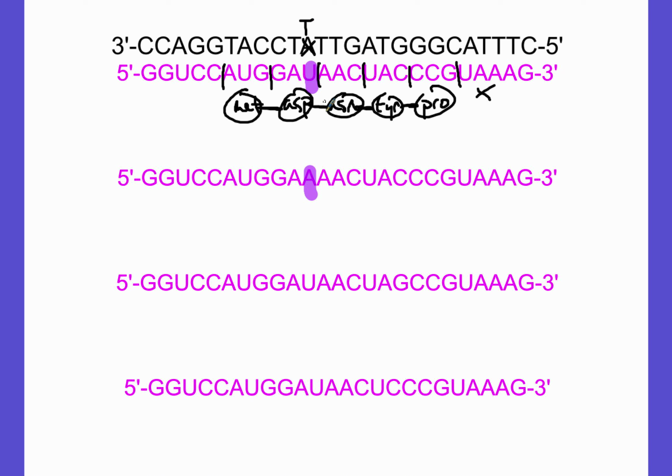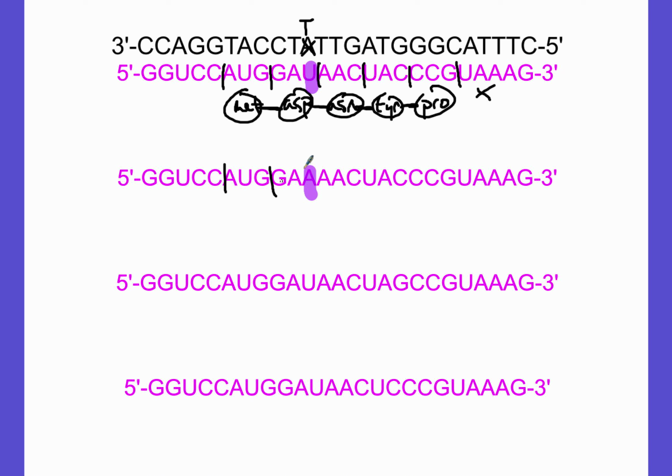It must have been a T. So some damage happened and that base was replaced with a different base. That A was replaced with a T. And then that's permanent. That's in that DNA forever, and it's going to be passed on to future generations. So if that A got swapped out for a T somehow, I wouldn't get a U here. I'd get an A instead in my mRNA.